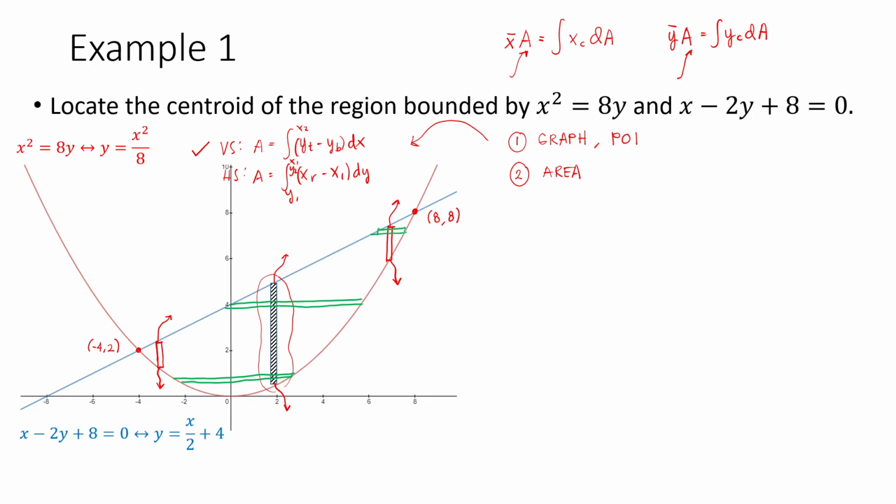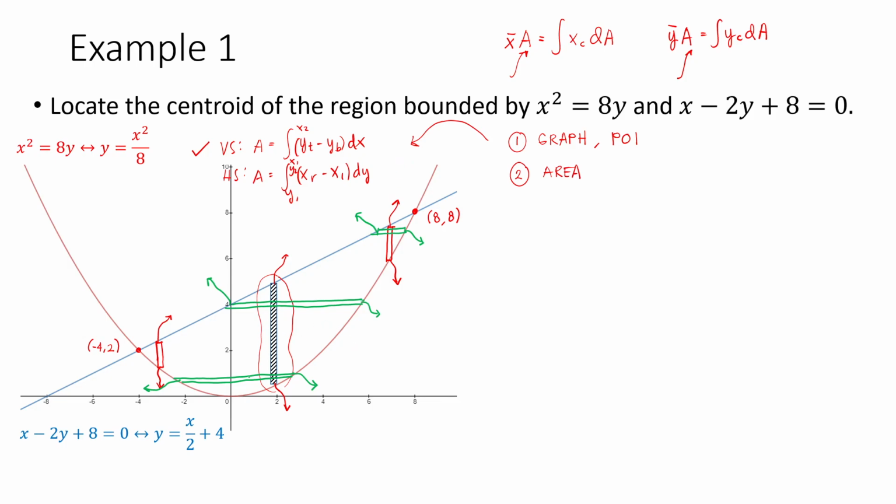Observing the right-hand side of the horizontal strip, it's touching the red curve. On the left part, this one is touching the blue graph, but on the bottom part of the horizontal strip, it's touching the red graph. So it's not consistent all throughout the distribution of your horizontal strip.